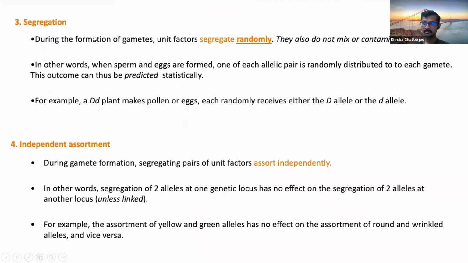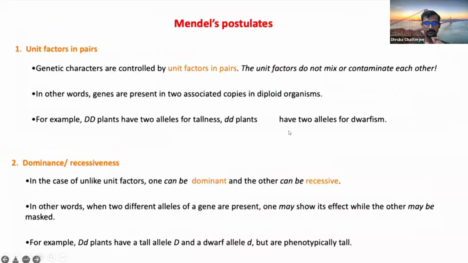So this law of segregation and law of independent assortment are the two most important postulates of Mendel, along with these observations. You always have to keep in mind that all of Mendel's postulates and observations are valid given the background that he studied the pea plant, which is a diploid organism.